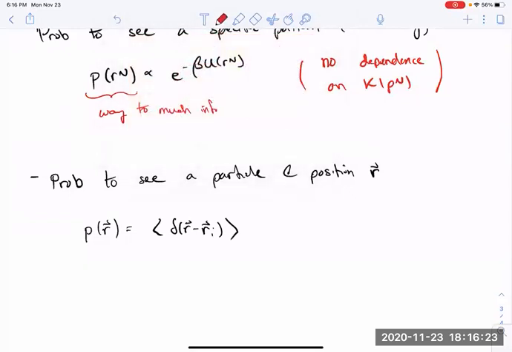So if I take an average over a thermal ensemble of a Dirac delta function, that's equal to 1 if, in this case, the ith particle is exactly at the position I've specified, r. It's equal to 0 otherwise.